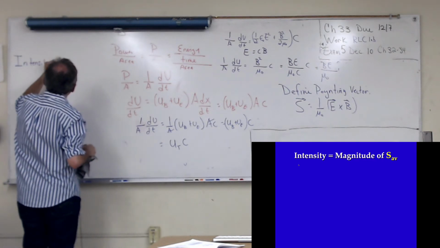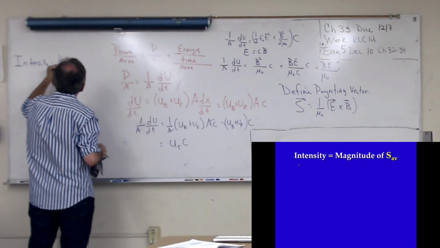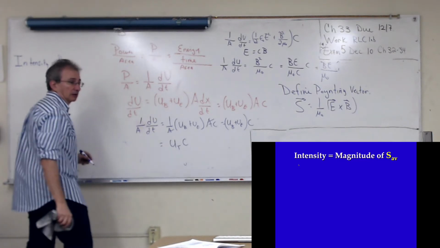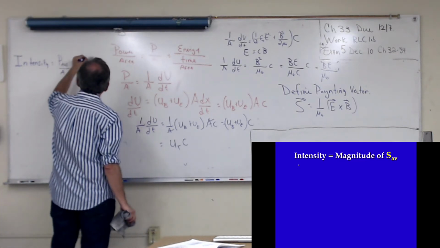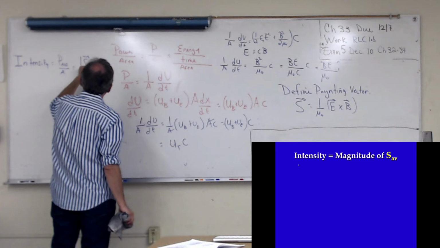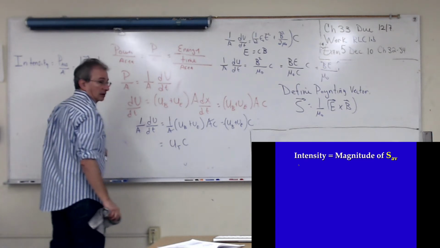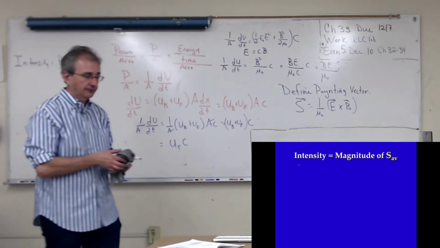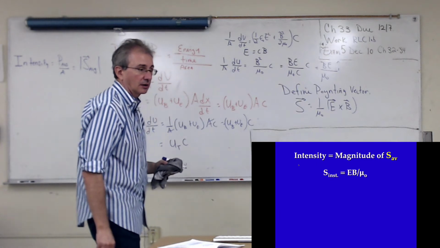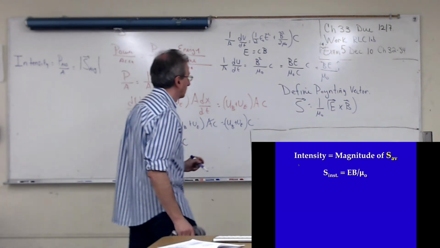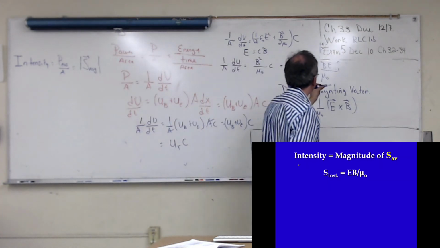It's the average power per unit area, which is the magnitude of S average. Well, this represents an instantaneous value.